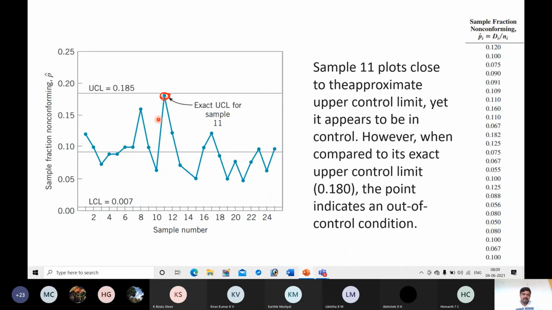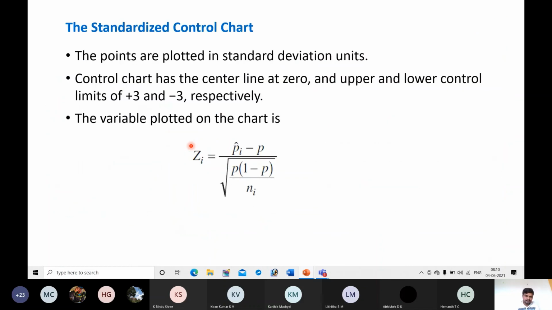The disadvantage of the second approach is that if a point falls near the control limits, it requires further evaluation. Whereas in the first approach, you are considering exact control limits, but the problem is that it is difficult to interpret since you have to evaluate every sample considering its own upper control limit and lower control limit.